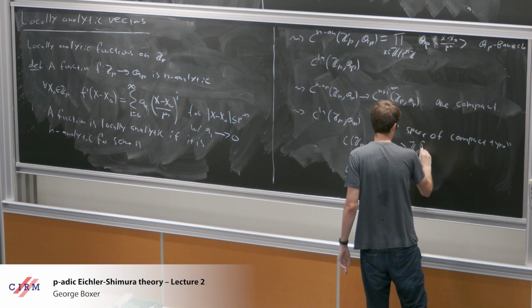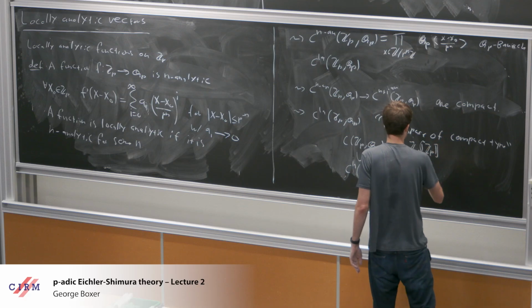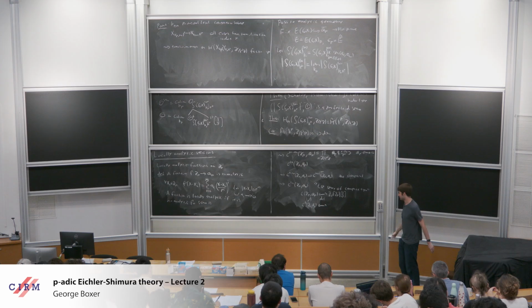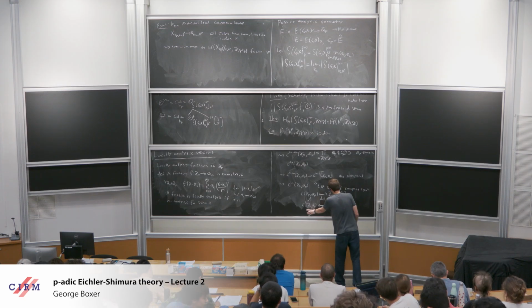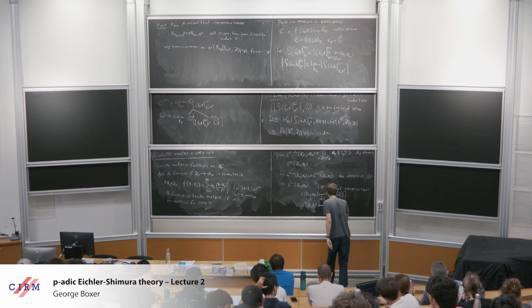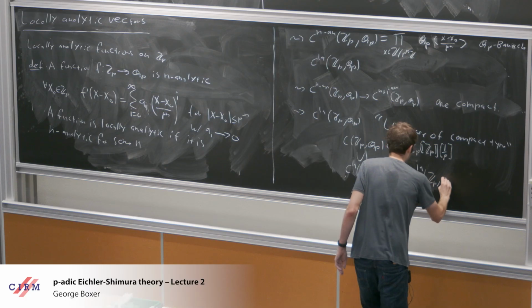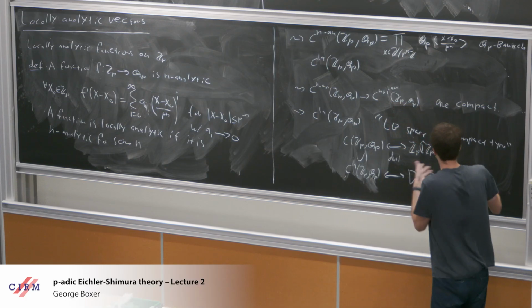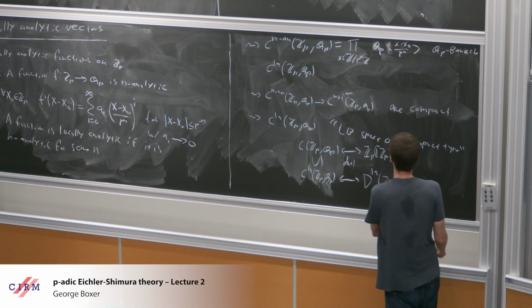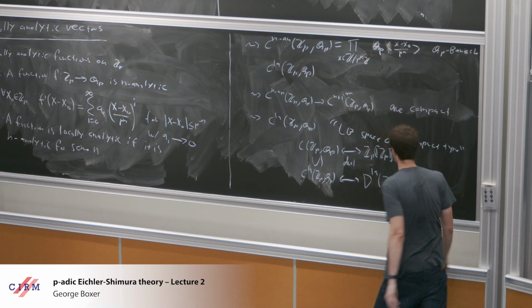So in other words, it's the Iwasawa algebra with p inverted. And this is just going to be, by definition, the space of locally analytic distributions, which can somehow be defined as an inverse limit of the duals of these spaces.